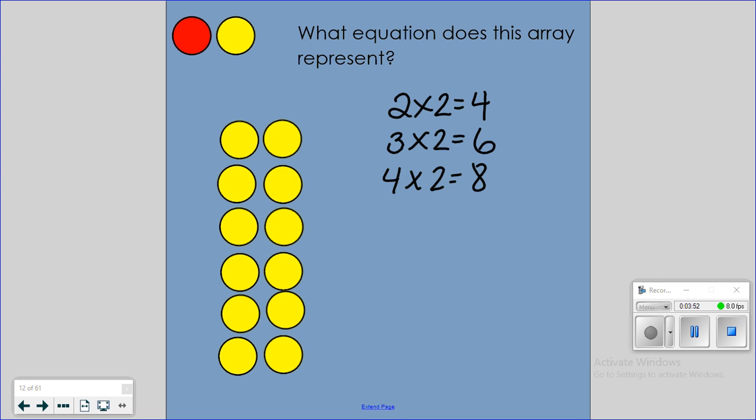Victor, make your array look like mine. Lincoln? 6 groups of 2. What is that equal to, Lincoln? What's my total amount of counters now? 12.